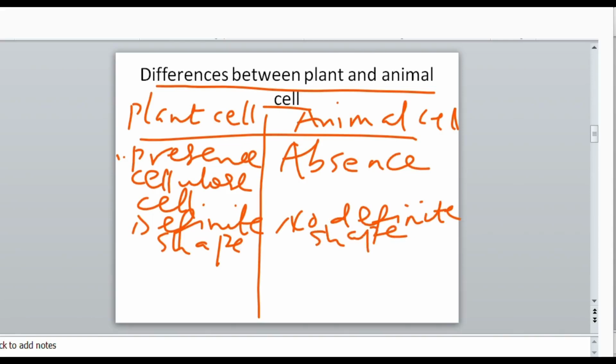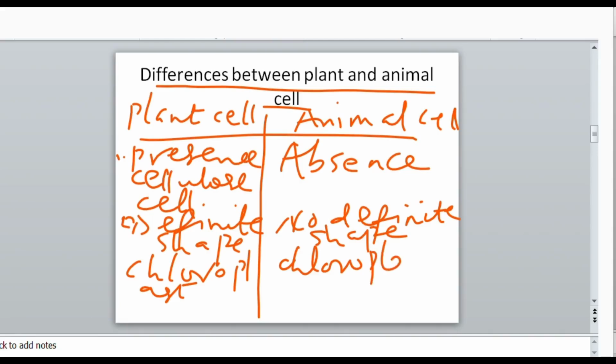Now, the plant cell has the presence of chloroplast. Chloroplast is present here, while chloroplast is absent here. Now, the plant cell stores carbohydrate as starch.